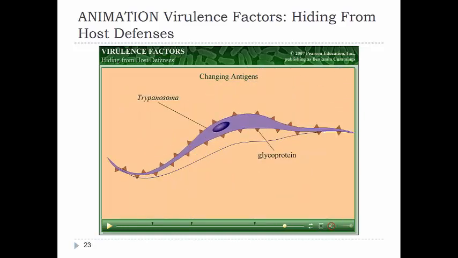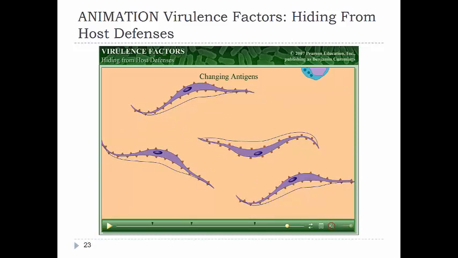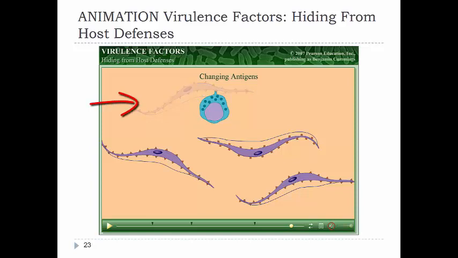Here we have trypanosoma, and we have a glycoprotein, or a name, an antigen on the outside. And if you'll notice, there are a couple with the same name, and one with a different name, a different marker, a different antigen. If we're producing cells that recognize this one, it's going to recognize everyone with that marking, that antigen on the outside, but it won't recognize this one.